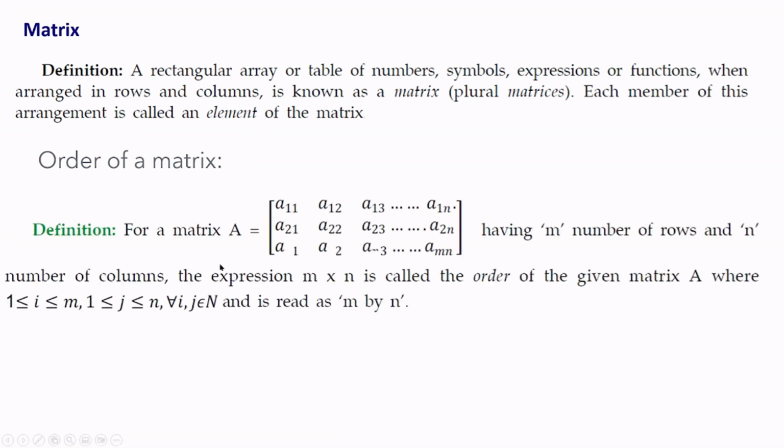The order of a matrix: if we have a matrix A of this form, this matrix A has m rows and n columns.